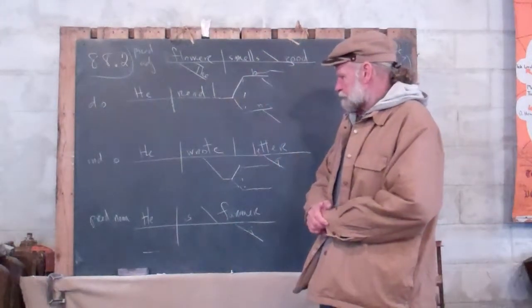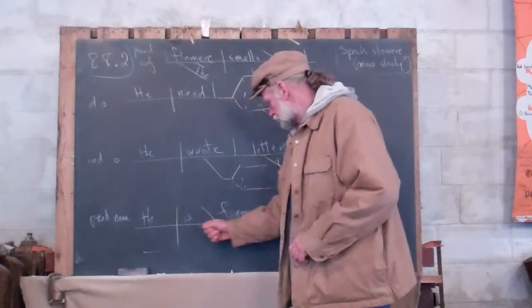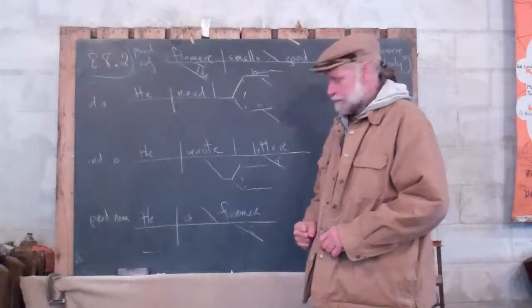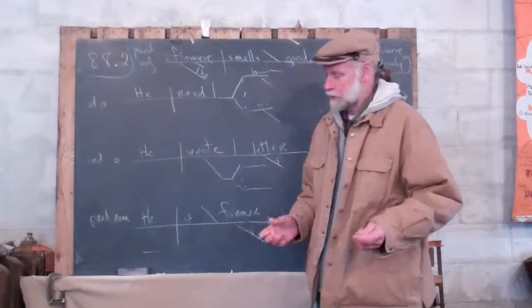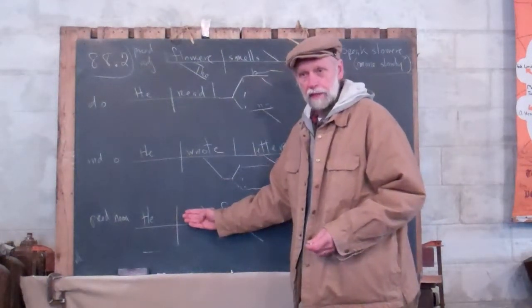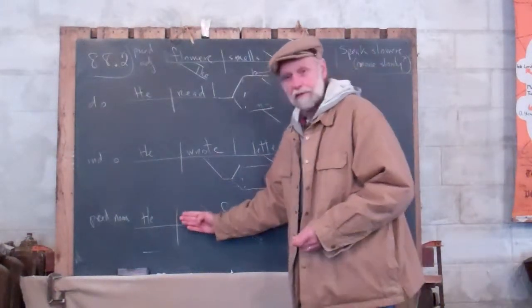Now, a predicate nominative is going to go with a linking verb, and it renames the subject. He is a farmer. Well, farmer, he. There are some languages, maybe many languages, that actually don't have a word like that. Black English, for example, often will just not have that word at all.